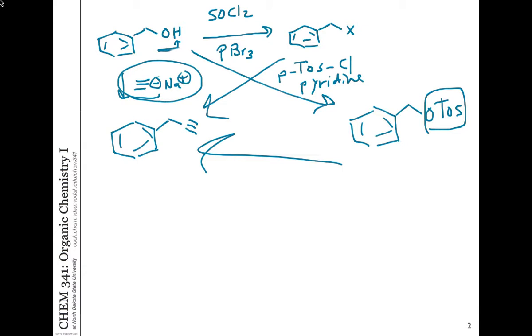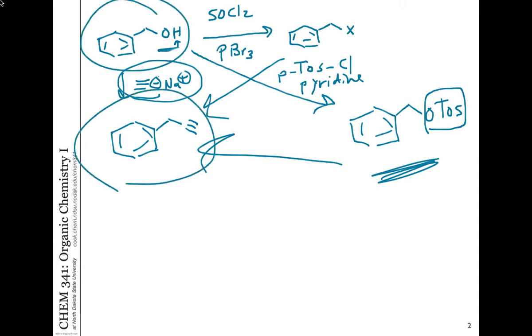Can you first start with the tosylate? If I gave you the tosylate, yeah, then it'd go right down, right? If I gave this to you first, yes. But if I didn't give that to you, and I said take alcohol and make this, or if you wanted to put a cyanide nucleophile or some other kind of nucleophile, you'd have to first convert it into a better leaving group.